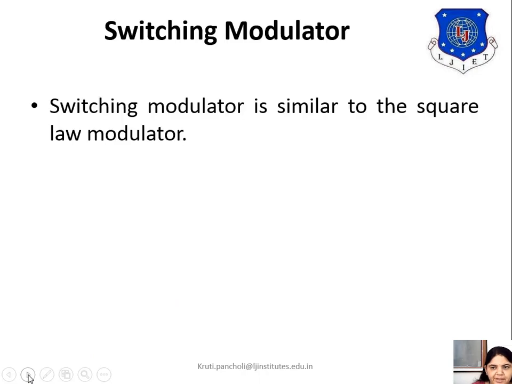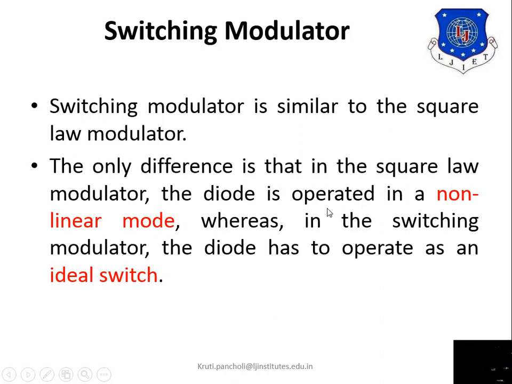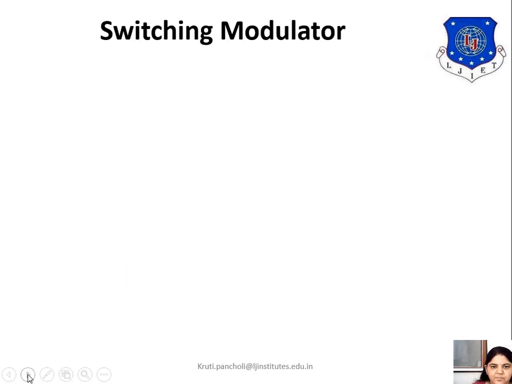Now the switching modulator is similar to the square law modulator. The only difference is that in the square law modulator the diode is operated in a nonlinear mode, whereas in the switching modulator the diode has to operate as an ideal switch.